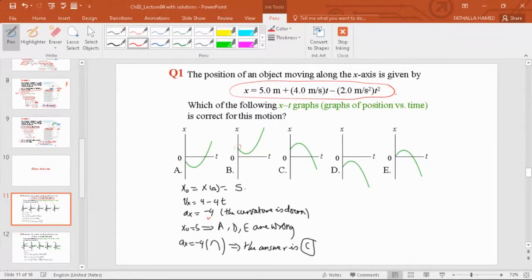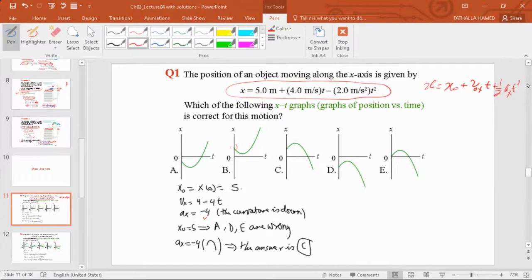Now, along the x-axis, you can say that x is equal to x0 plus v0x t plus 1/2 ax t squared.